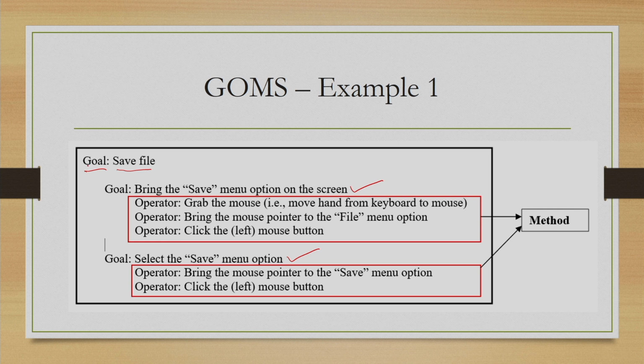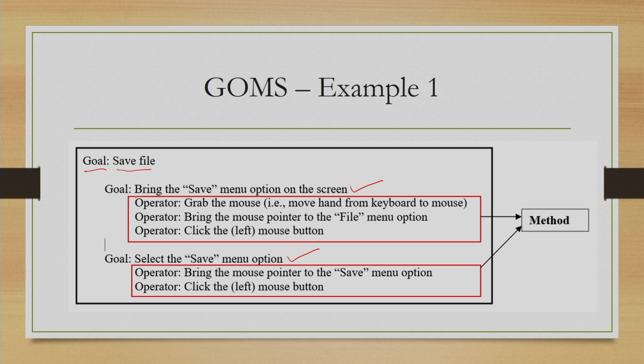Now, note that using this indentation, we try to represent the hierarchy. So, top level goal is this, second level goal is this. If there is some other sub goal, then we can have it here with further indentation. Now, once this sub goal is defined, we can use operators. There is an interesting point here that I will discuss after I explain the operators.